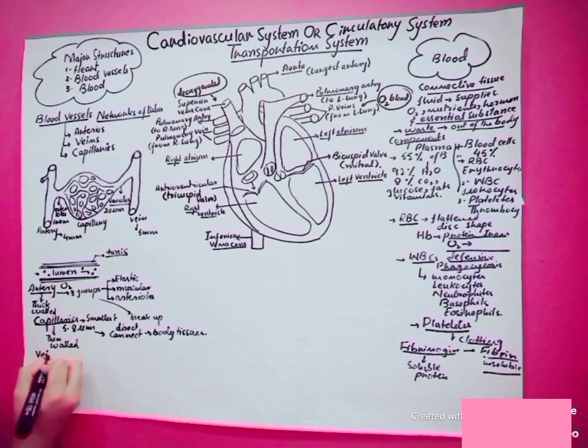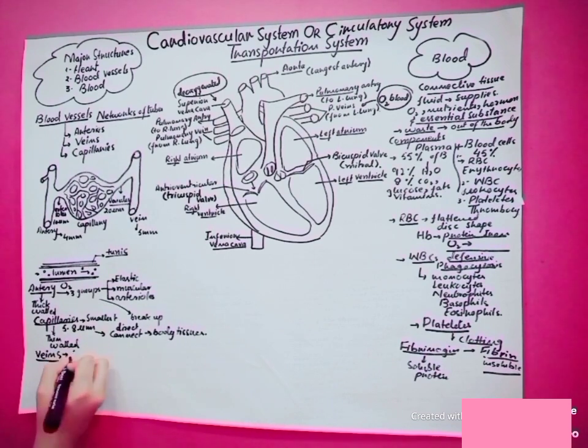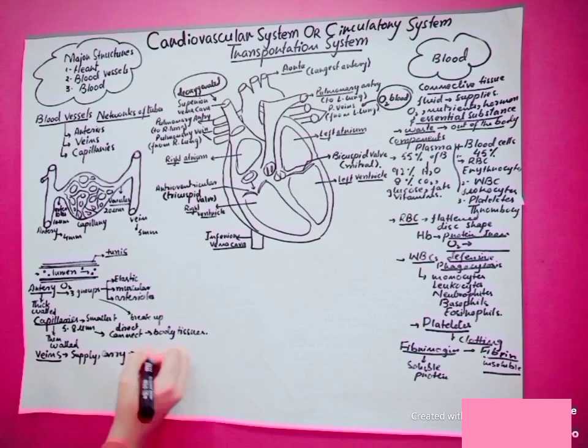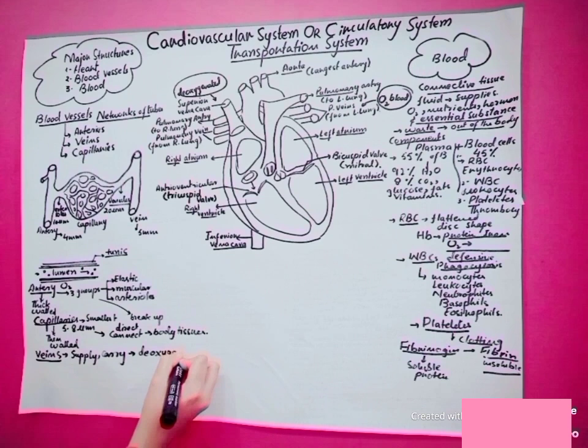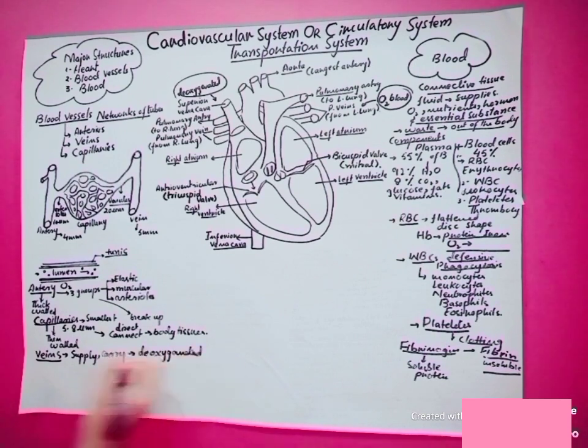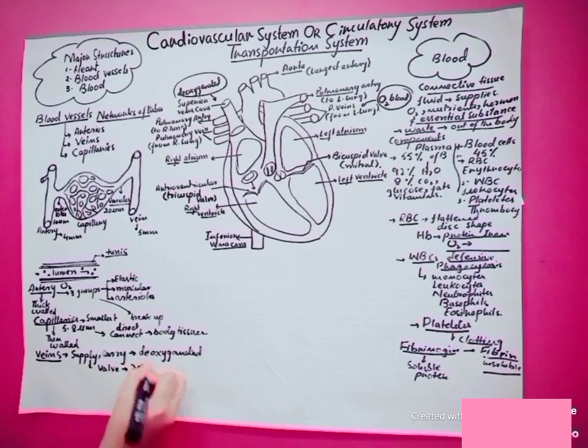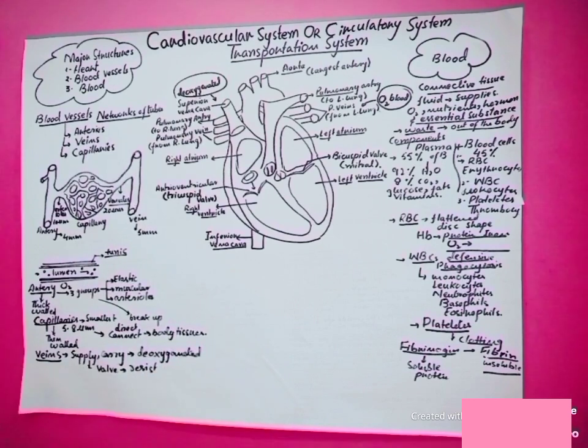The veins carry deoxygenated blood. The veins have valves in order to resist backward flow of blood.